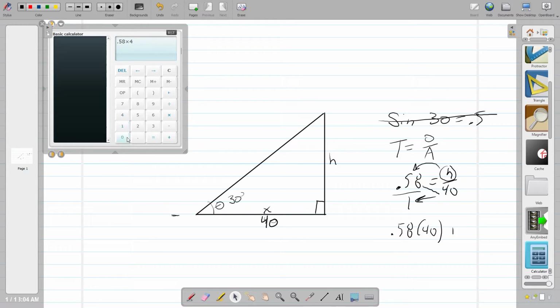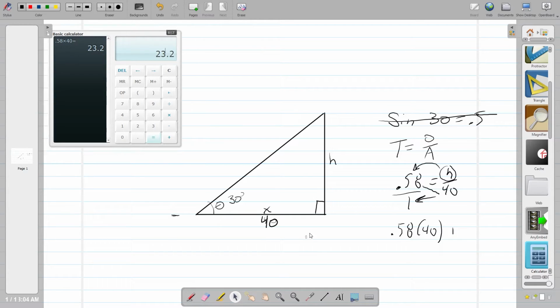So that tree is approximately 23.2 feet tall. That's how we figured that out.